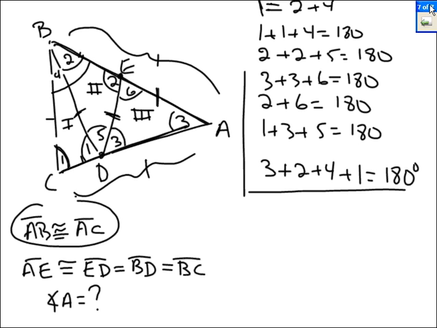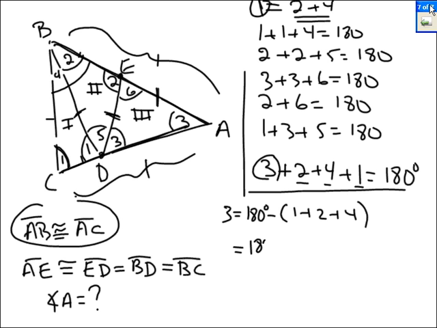So, I'm going to use this last equation. Angle 3 is 180 degrees minus 2, 4, and 1. I'll write 1, 2, and 4 in order. But now, we know that 2 plus 4 is simply 1.